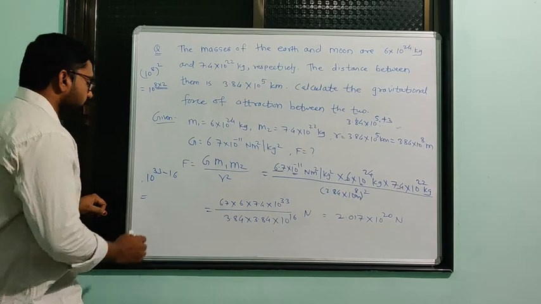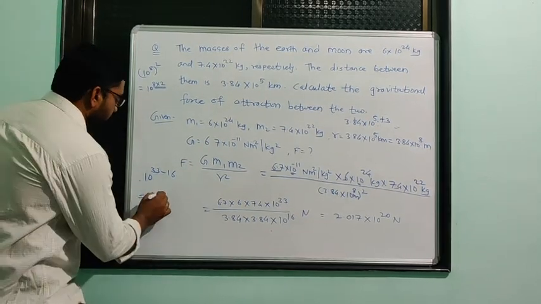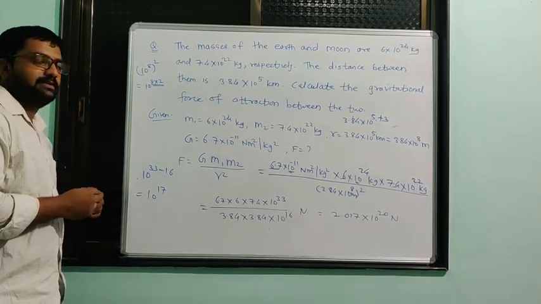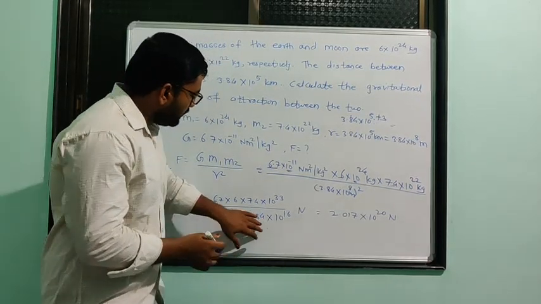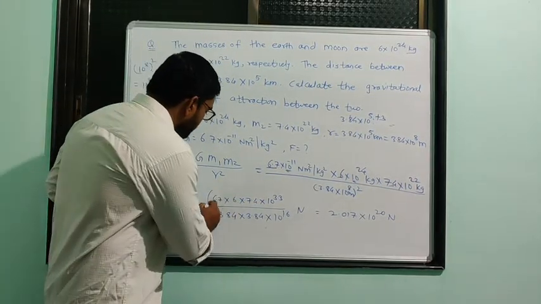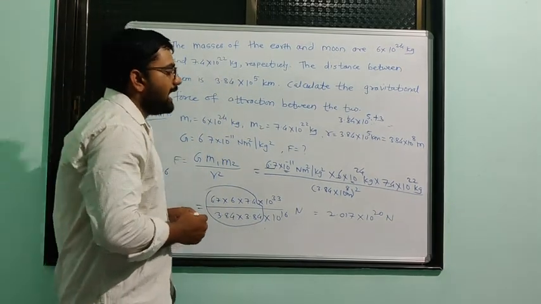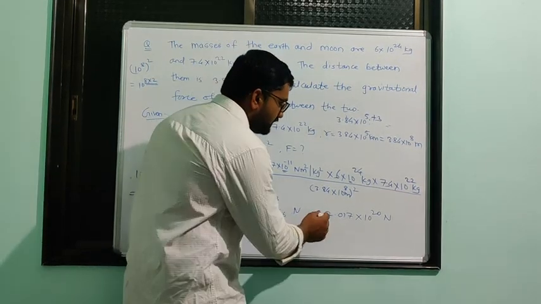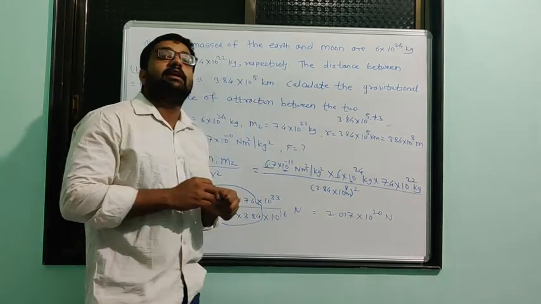So we will get 10 raised to 17. Okay, 33 minus 16, 10 raised to 17. So if we calculate all these mathematical terms, carry out that much calculation, then arrange the decimal point, we will get the answer 2.017 into 10 raised to 20 Newton.